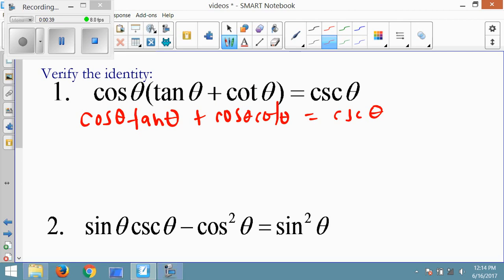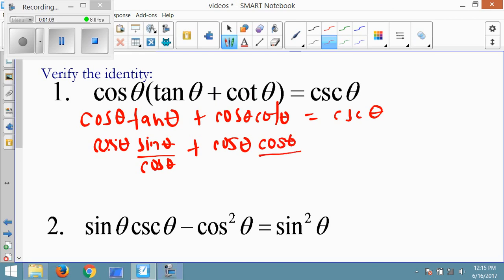So the next thing I'm going to do, I am going to notice that tangent is really the sine of theta over the cosine of theta, and cotangent is really the cosine of theta over sine of theta, not changing the right-hand side.